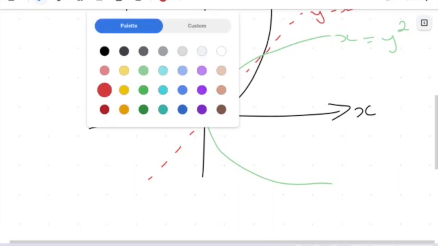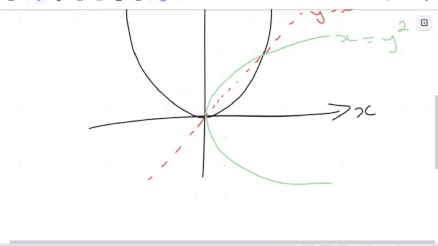Because it fails the vertical line test. If I draw a vertical line through, I'm crossing at 2 points. So that means that one value of x produces 2 values of y. Hence, this violates the rule for what constitutes a function. So this thing here is not a function.